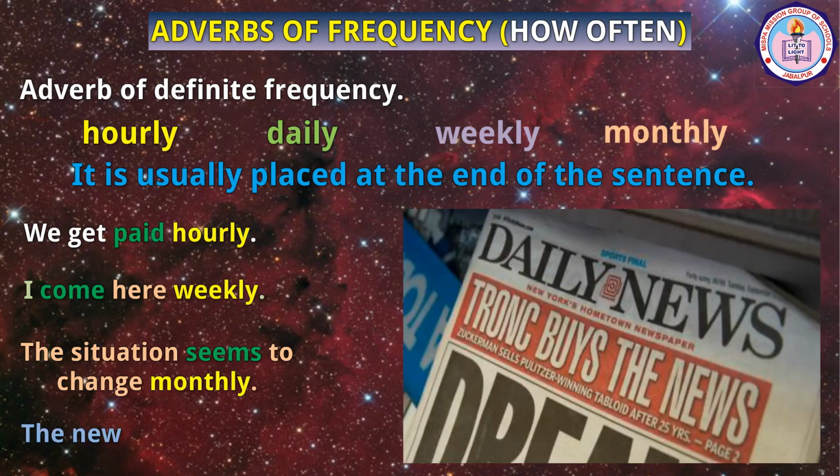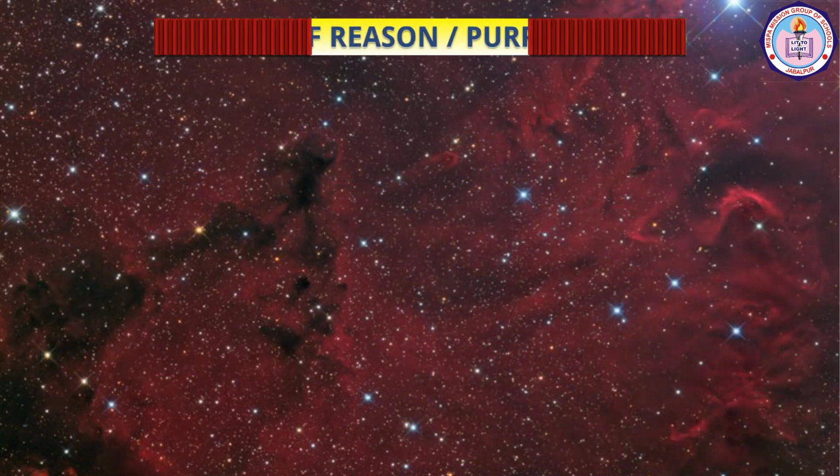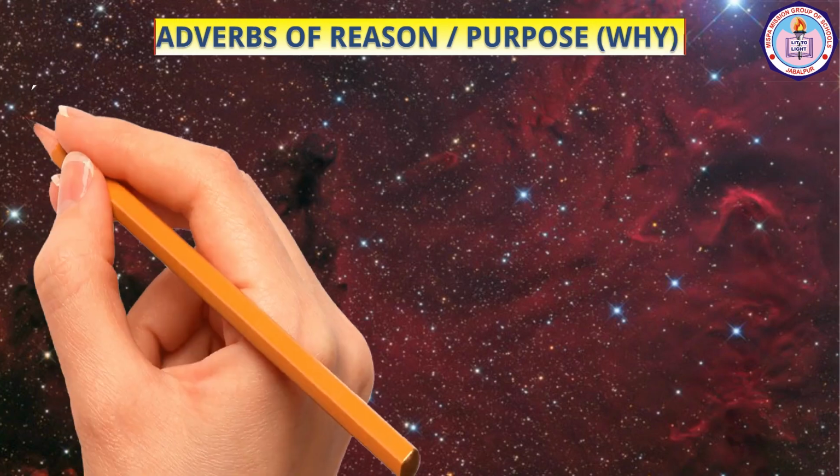The newspaper is brought daily. In these sentences, hourly, weekly, monthly, and daily are the adverbs that modify the verbs paid, come, seems, and brought respectively. The word here is also an adverb of place that modifies the verb come.